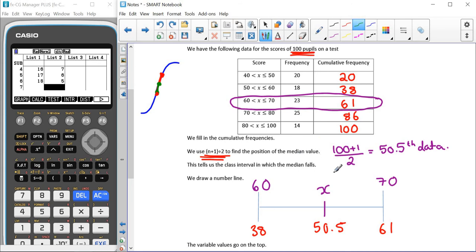Now we can put together the formula that's going to help us to do this. There's lots of different ways to do this though.